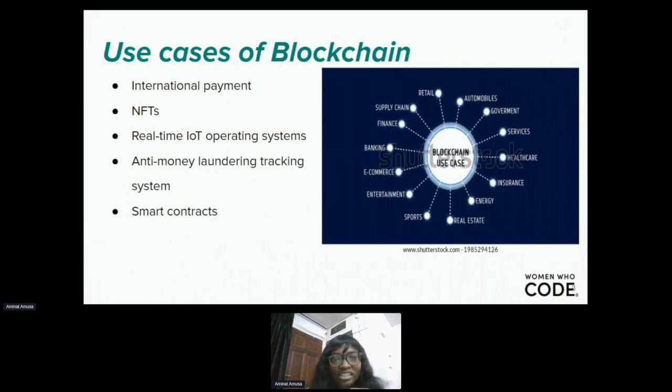So IoT means Internet of Things, things that send data. I'm going to use examples of devices that use IoT, like your doorbells, your Apple Watch, your alarm.